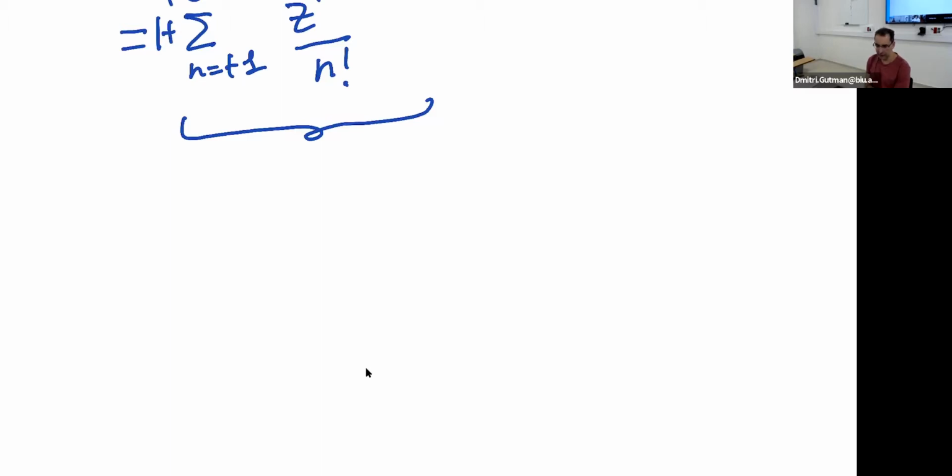Like I said, in the case of essential singularity, you cannot even define a limit of the function f of z. And there is a strong verification of this. There is a theorem that says that not only you cannot define a limit, actually in the vicinity of an essential singularity, the function takes all possible values.